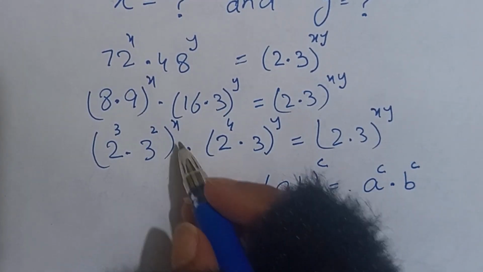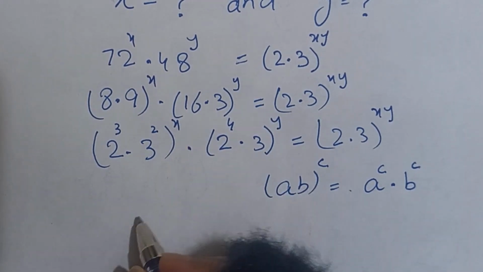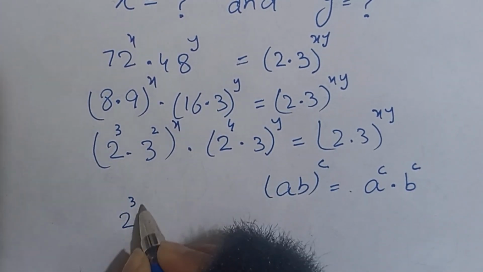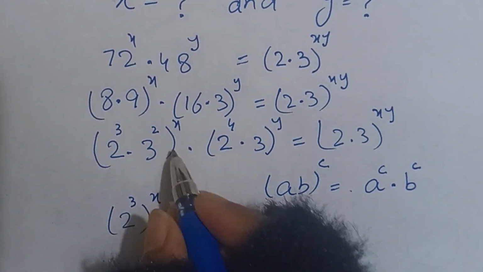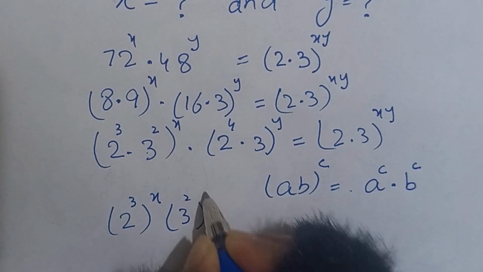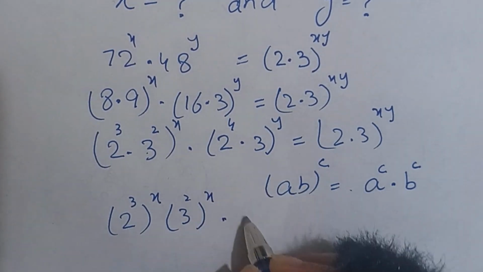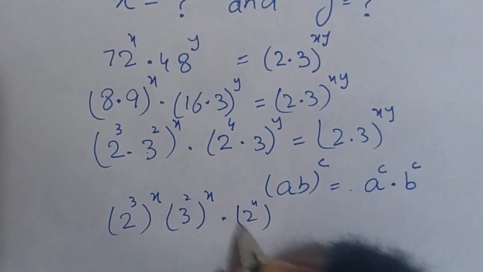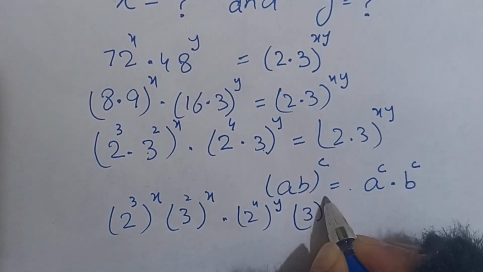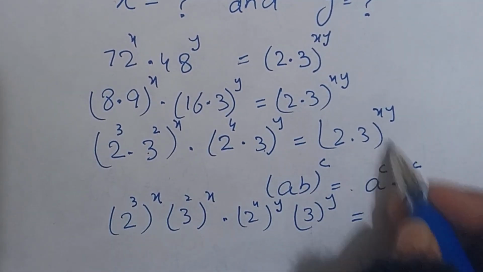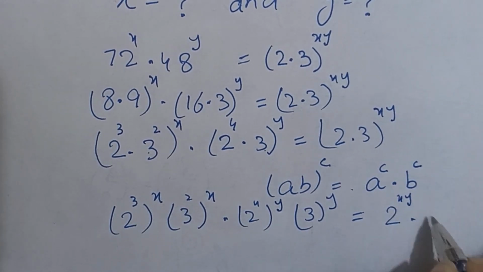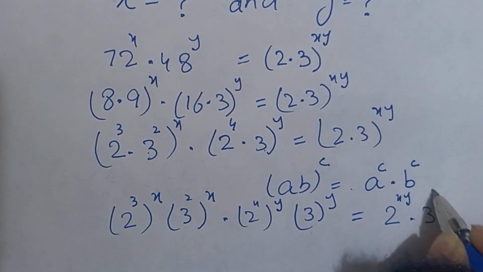We can apply this rule on the above equation, then this will become (2 raised to the power 3) raised to the power x, and (3 raised to the power 2) raised to the power x, (2 raised to the power 4) raised to the power y, and 3 raised to the power y. The right hand side will become 2 raised to the power xy multiplied by 3 raised to the power xy.